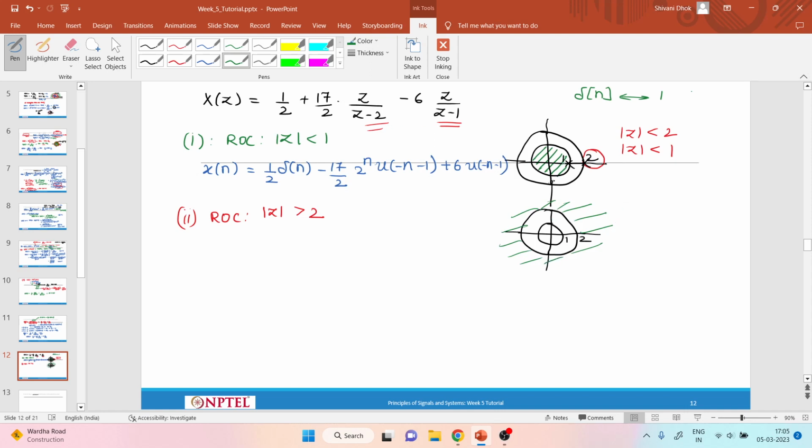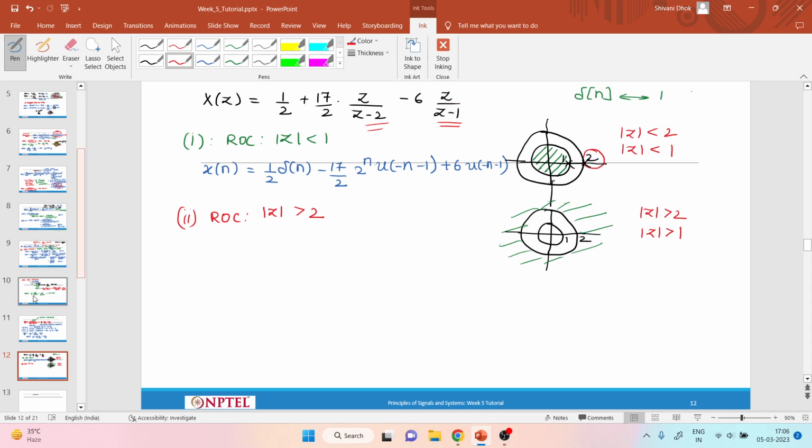So this region we will get only when magnitude of z is greater than 2 as well as magnitude of z is greater than 1, which means that this factor will be z upon z minus 2 with magnitude of z greater than 2, and this will be z upon z minus 1 with magnitude of z greater than 1.